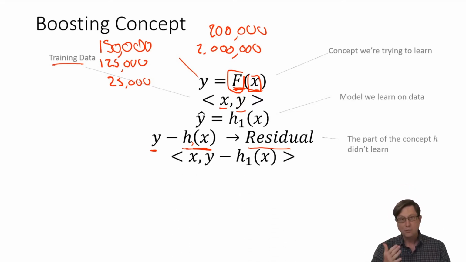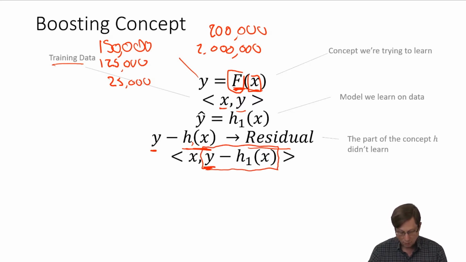Well, you could make a new training set. And this new training set has everything exactly like the original training set, except instead of trying to predict the Y labels of the original problem, you now try to predict the residuals of H1. So you take your original Y and subtract off what your first model predicted for the X. See, X is in both places there. And now this gives you a new training set.